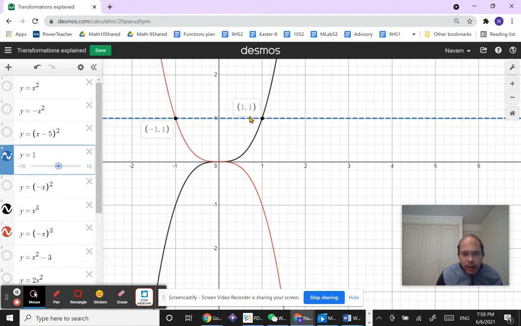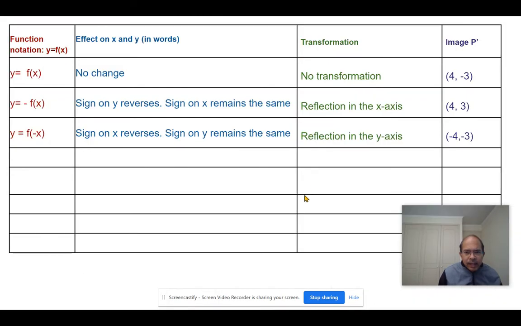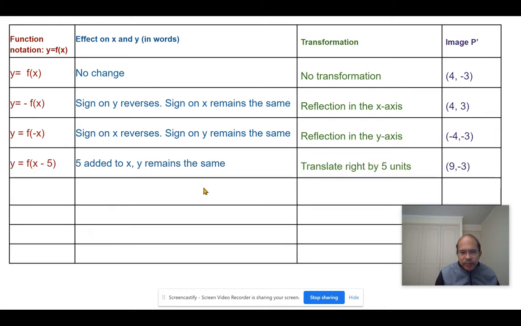You can see that the x value has flipped sign, whereas the y value remains the same. So this function has been flipped across the y-axis, and therefore the transformation is reflection in the y-axis, and the image is one where the x value changes sign but not the y value.